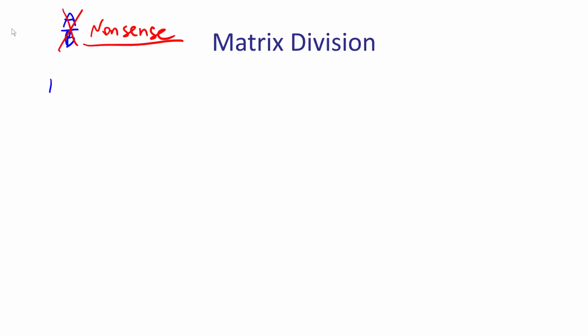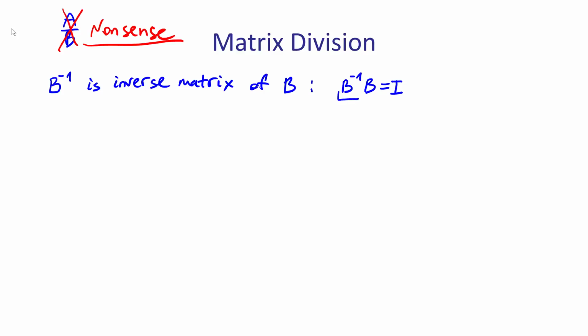We'll write that as B minus 1, the inverse matrix of B, and it's defined the following way. B minus 1 multiplied by B should give you identity matrix I. Then this is the inverse matrix of this given matrix.